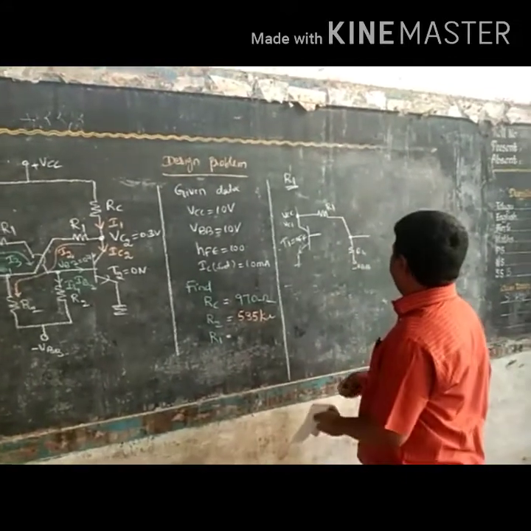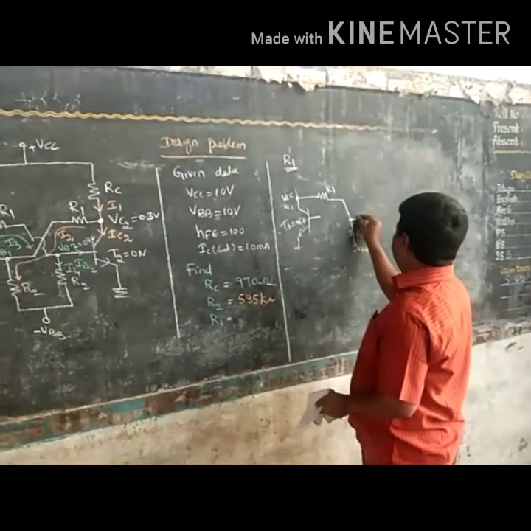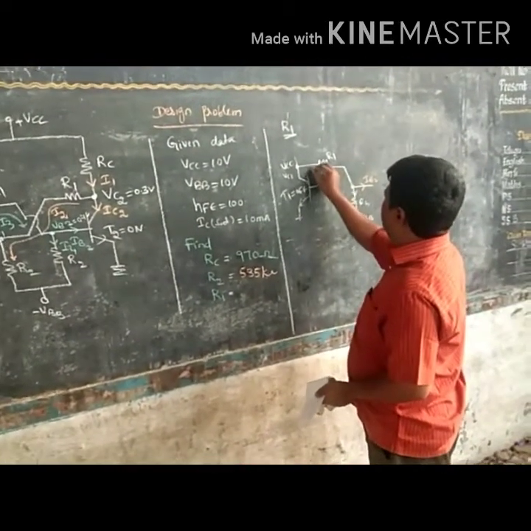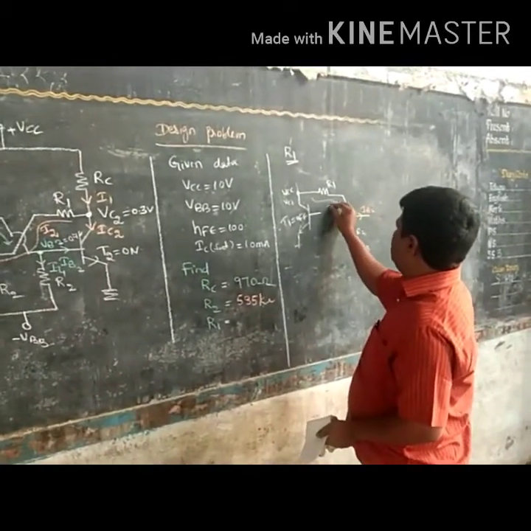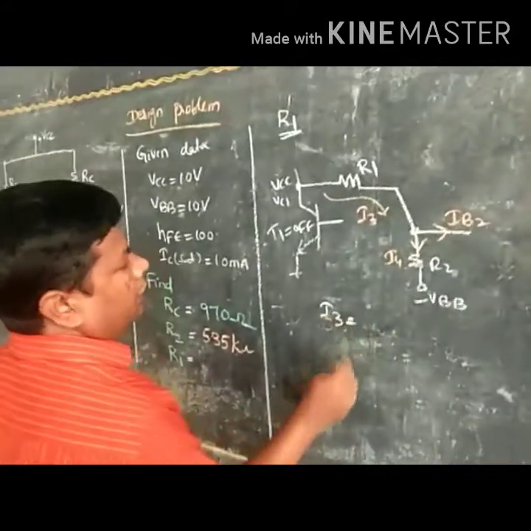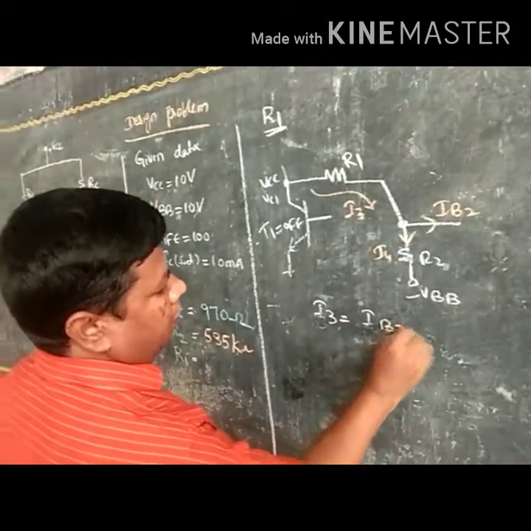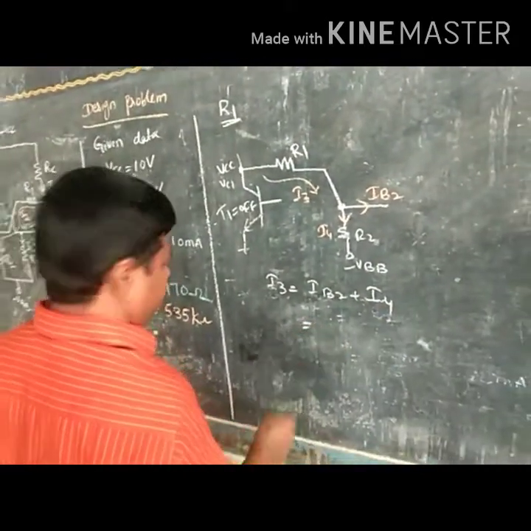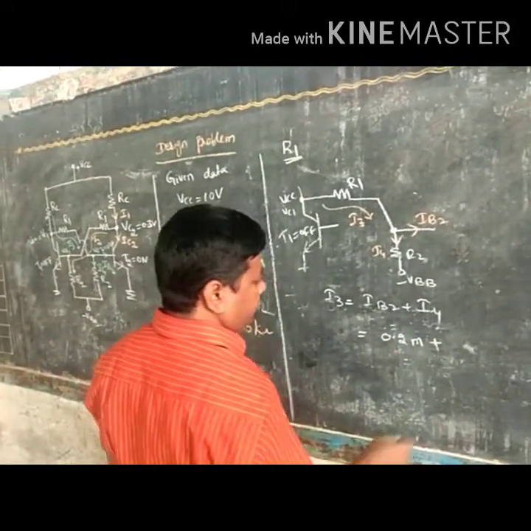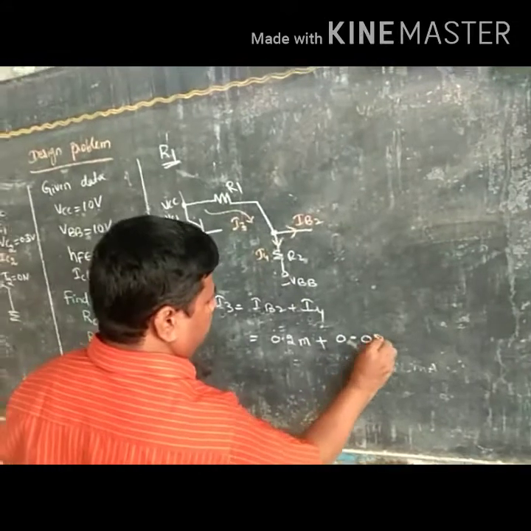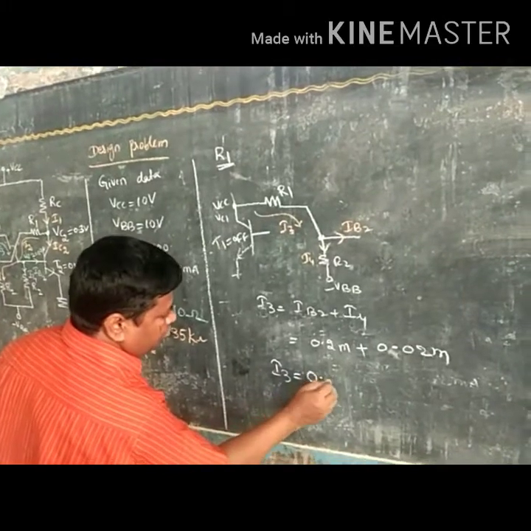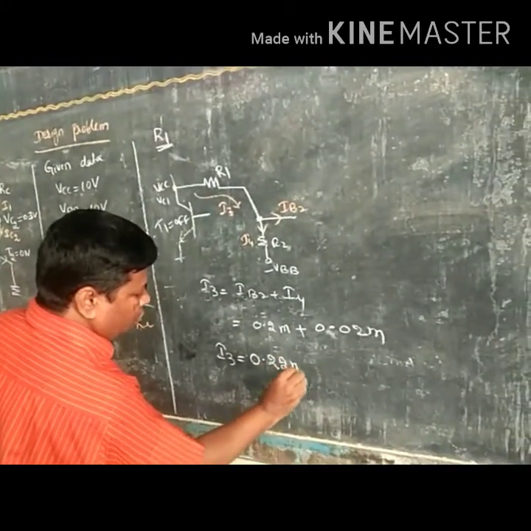This is the resistor R1, and the current flowing through R1 resistor is I3. I3 is equal to IB2 plus I4. IB2 is 0.2 milli plus I4 is 0.02 milli. Then finally I3 is equal to 0.22 milliamperes.